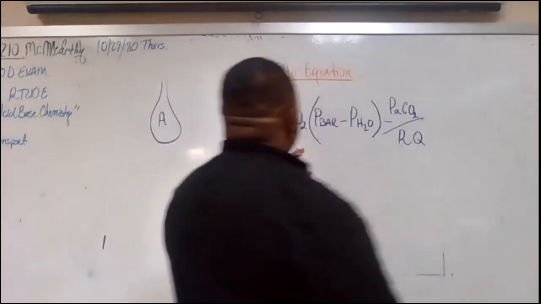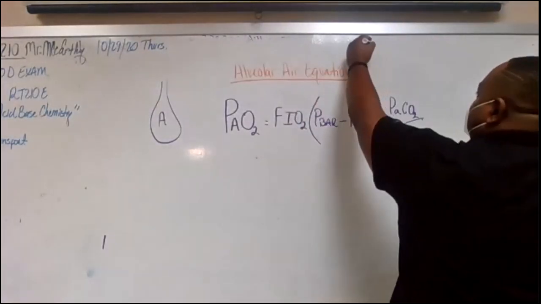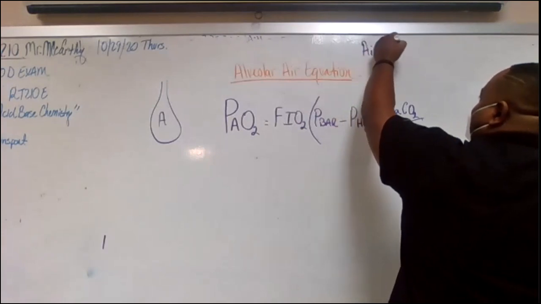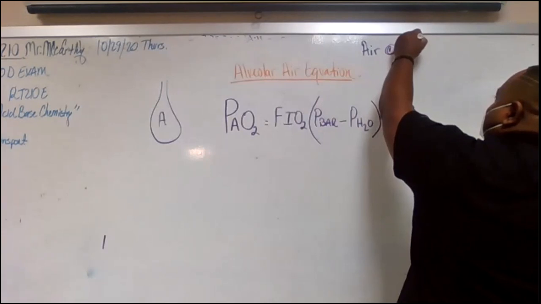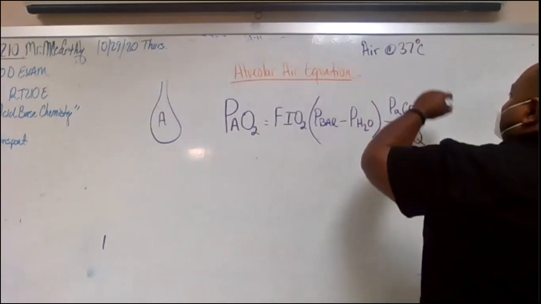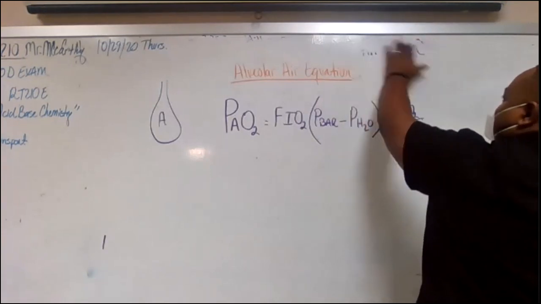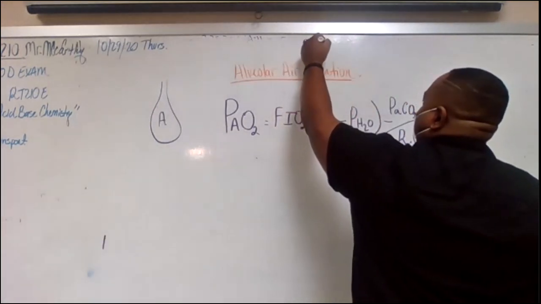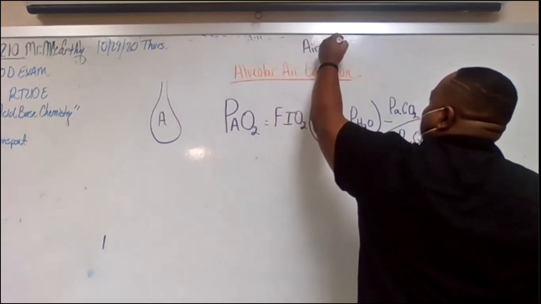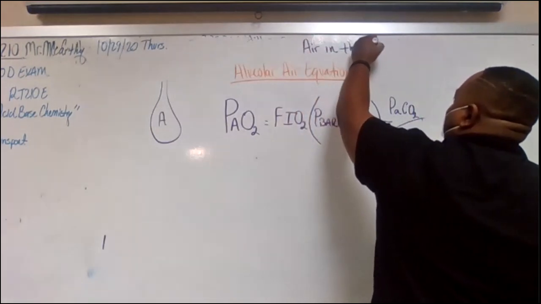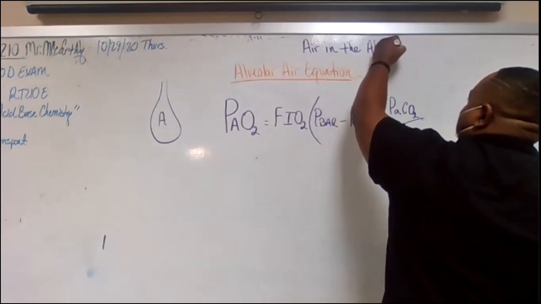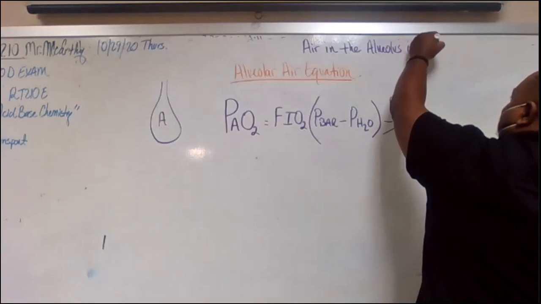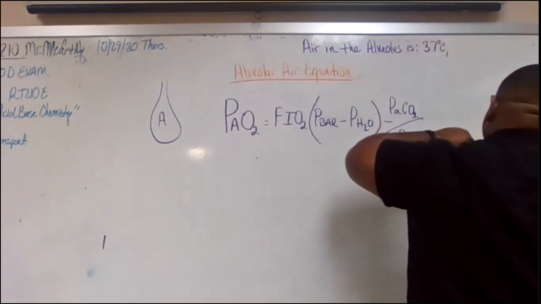So just so you know, the air in the alveoli, the air or gas in the alveolus, is 37 degrees Celsius.